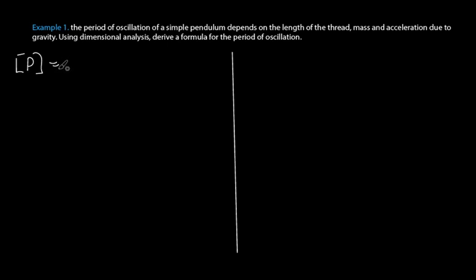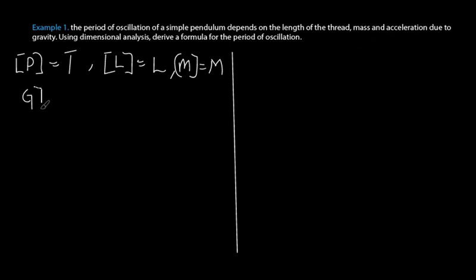So the dimensional equation for period will be T. Now they say it depends on the length. We know the dimensional equation for length is still L, so no problem. We also have mass, and we know the dimensional equation for mass is still capital M. And then we have acceleration due to gravity, which we represent with g.